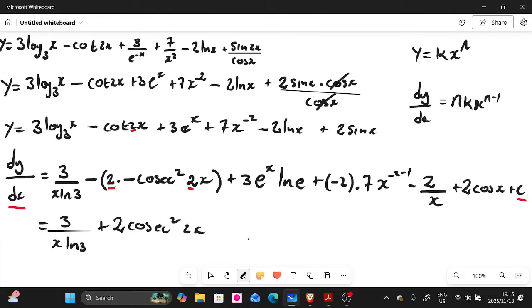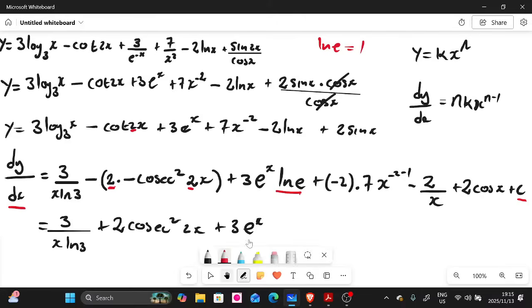There we go. And then plus the third term, we have 3 multiplied by e to the power of x, right? You write it 3 multiplied by e to the power of x. Guys, ln e is equaling to 1. Don't write it. Leave it like that, right?